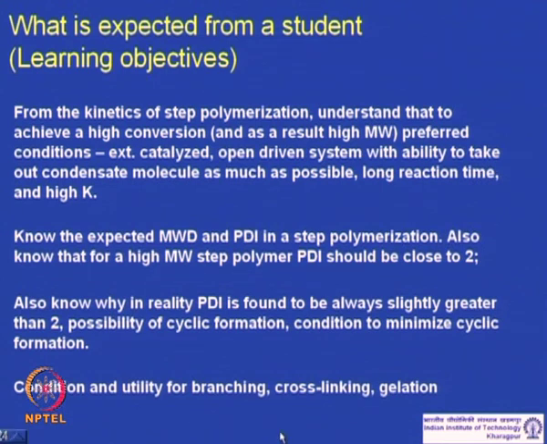And a student should know what are the conditions, what are the monomers to be used if you want branching or cross linking, and if you do not want it, what are the monomers you should not use for branching, and you should know also the utility.